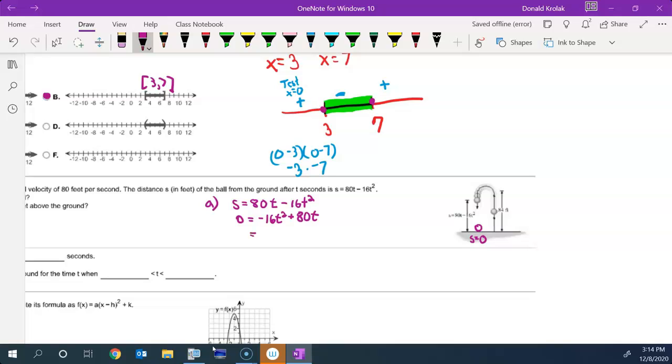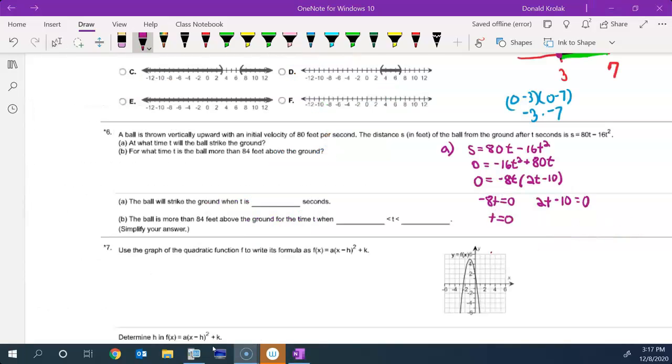So I can factor out a t, and what two numbers go into 80 and 16? 8. So since the leading term's a negative, I'm going to factor out a negative 8 and a t, and that's going to leave me with 2t minus 10.